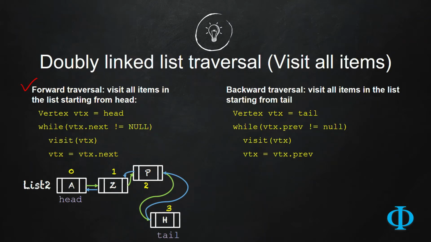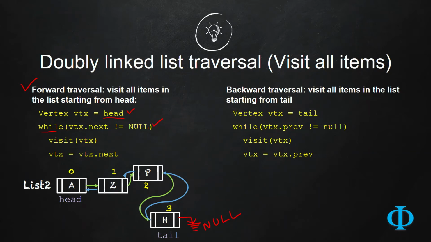list, where we started traversing the list at the head node, and we continued our traversal until we reach the last node, which is null, using a while loop like this.